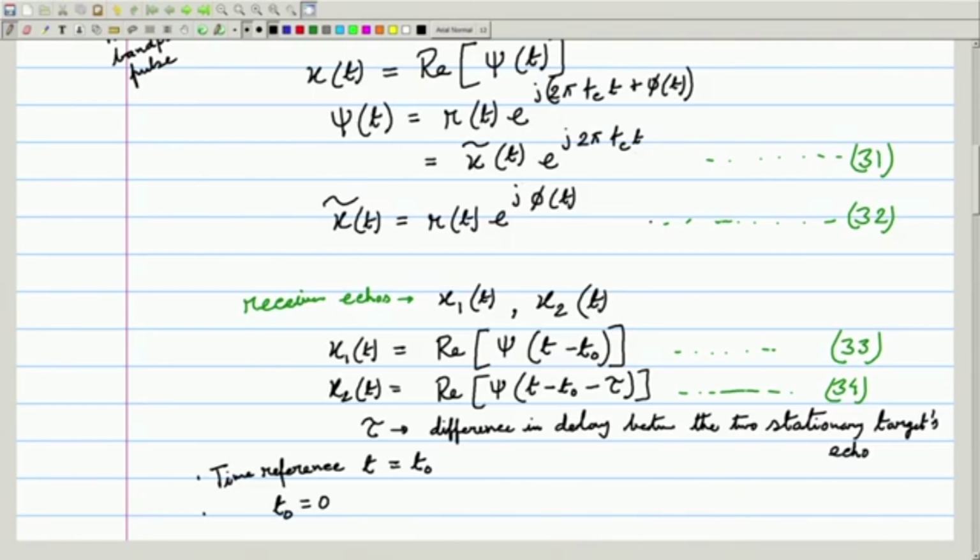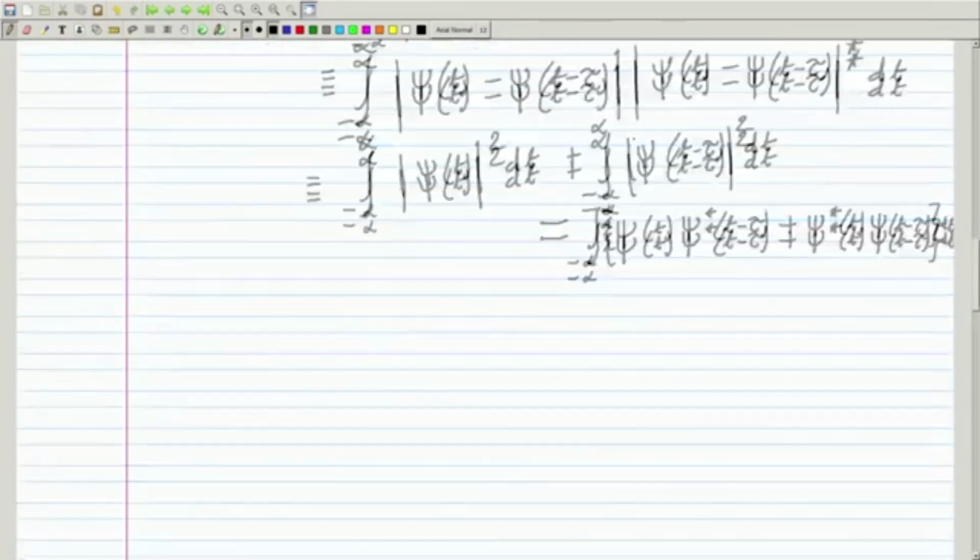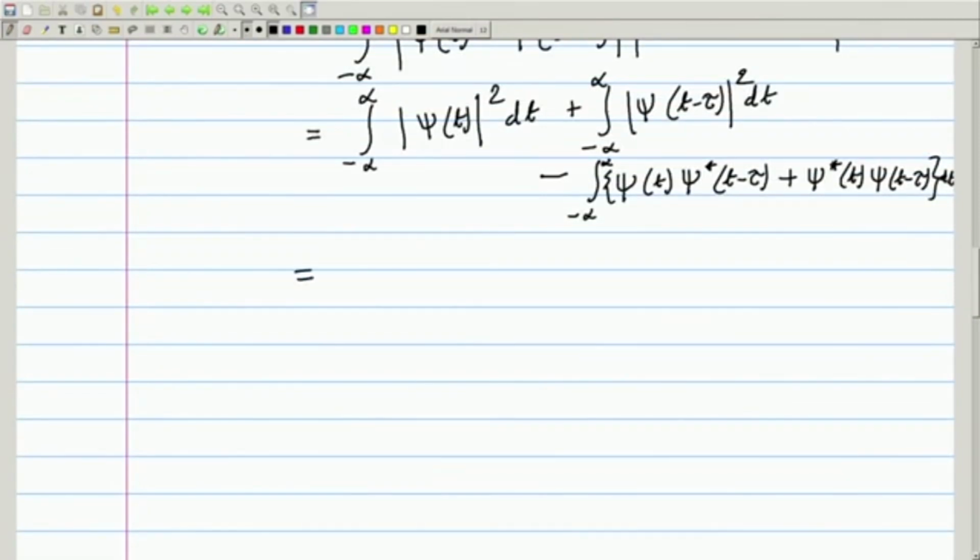So, psi t, its magnitude square, can I say that it is equal to x tilde t, that means the complex envelope magnitude square, because the e to the power term will have a magnitude of 1. So, I can write this same as x t square dt, plus that also will come the same.